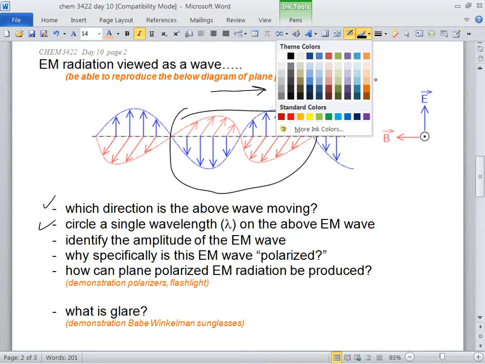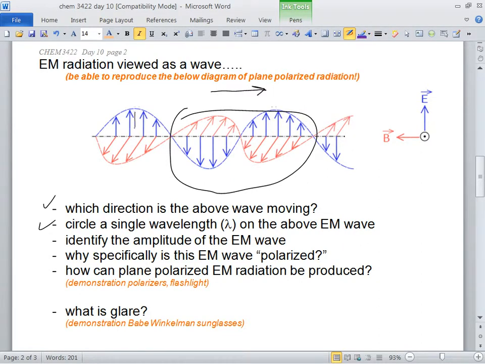Let's make it purple. You have an amplitude here and you've got an amplitude there. You have an amplitude for the electric field and an amplitude for the magnetic field. So we did them both, actually.